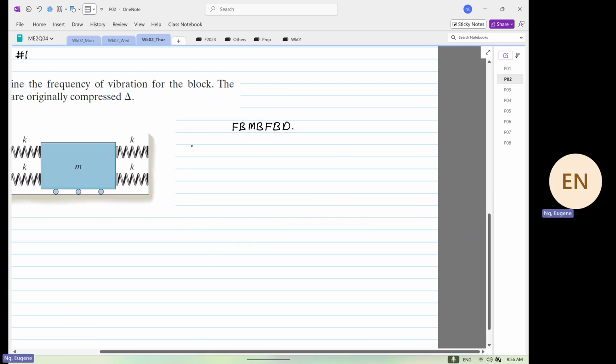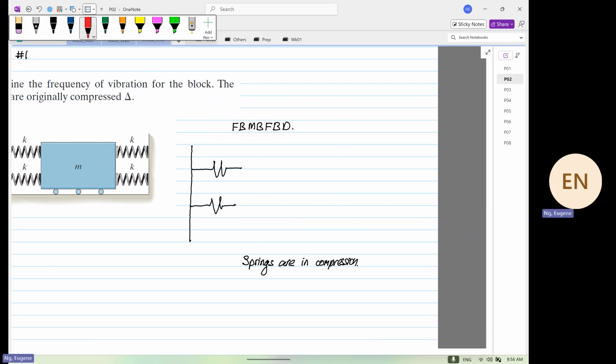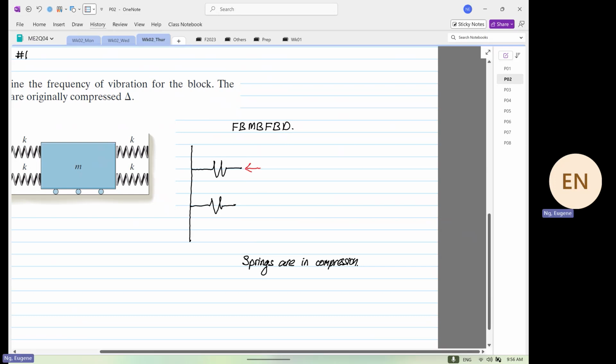So now I'm going to write down here the first one, the springs are in compression. So we have one spring over here, another spring over here. They are in compression. Let me change color so you can see better. They are in compression.